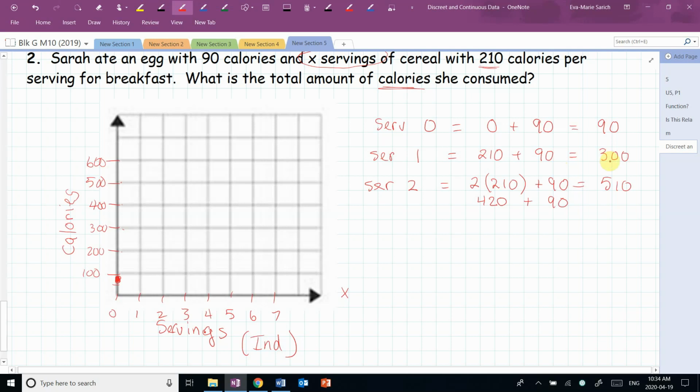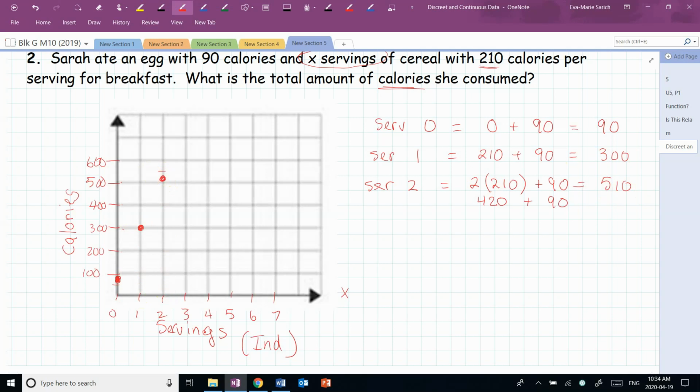The second point, the number of calories for breakfast on 1 serving, would be 300, so that one's easy. At 2 servings, we're going to go to 510, so just over 500, and there is our third piece of data.